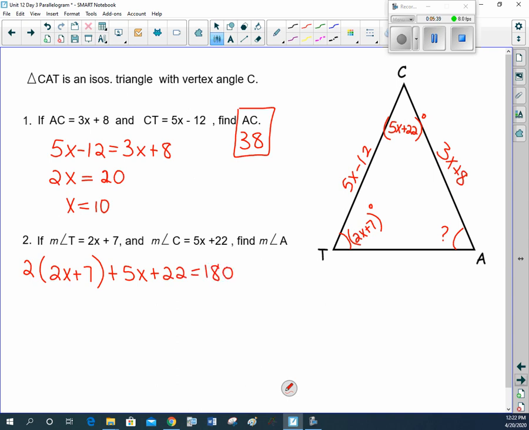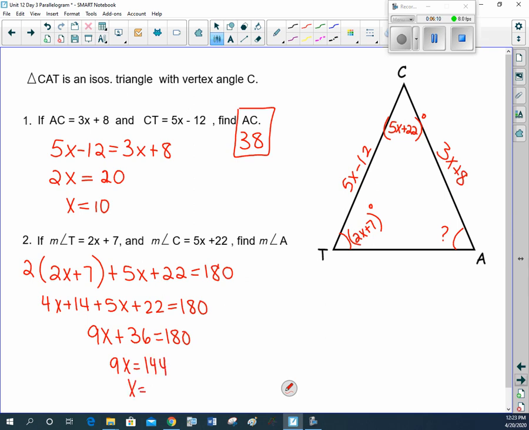Then I'll solve that for x. So 4x plus 14 plus 5x plus 22 equals 180. Combine like terms: 9x plus 36 equals 180. So 180 minus 36 equals 144, and divide that by 9.